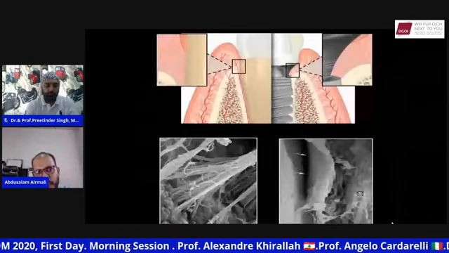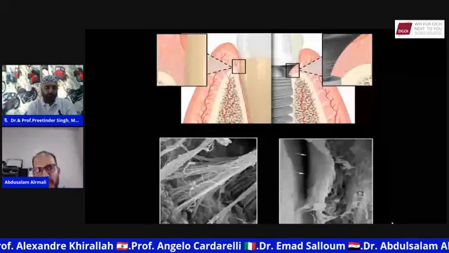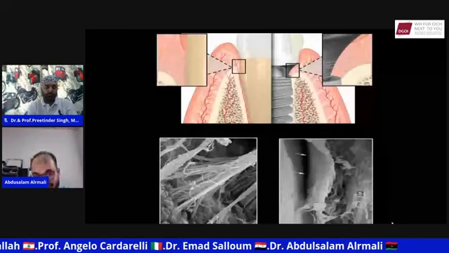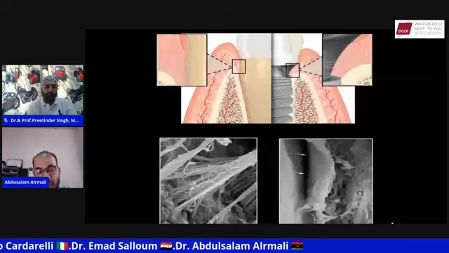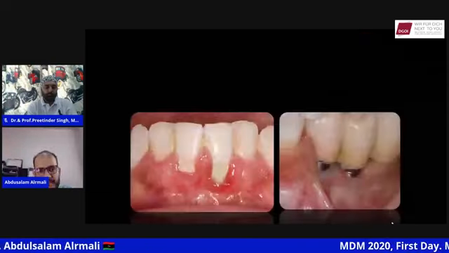If we see this specimen under the microscope, comparing the peri-implant mucosa with the periodontium, as I said, around the teeth the collagen fibers go perpendicular rather than parallel.